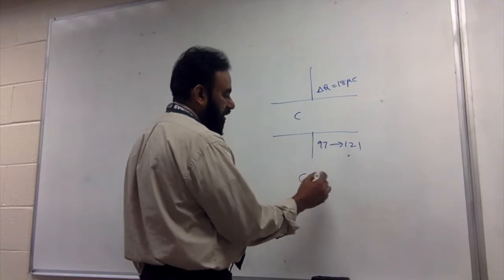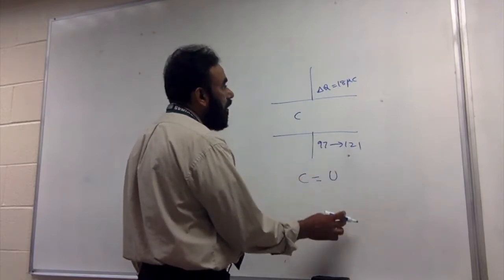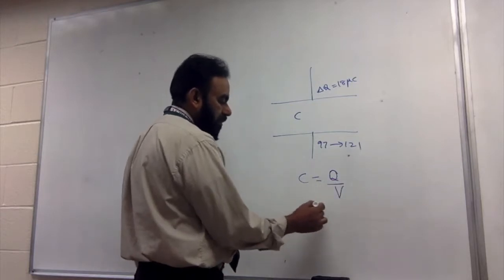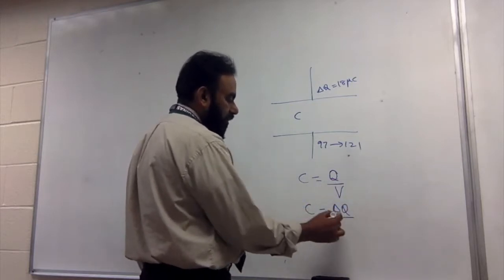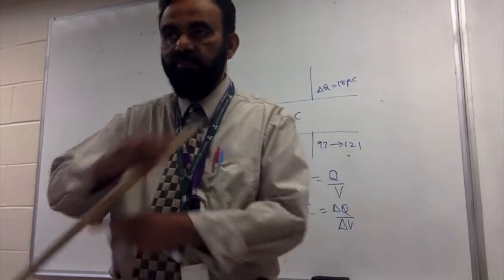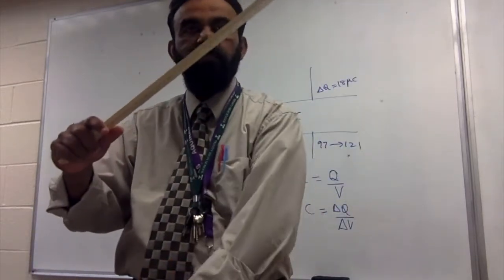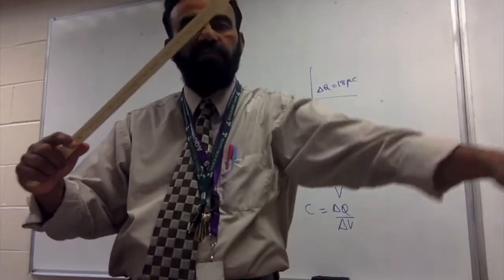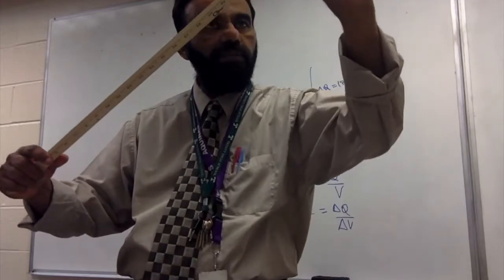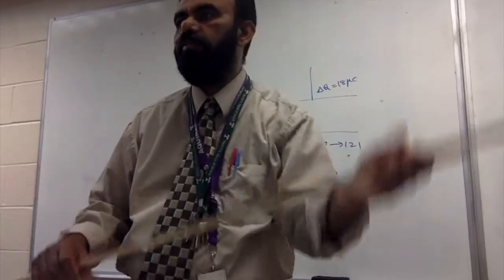If C is equal to Q over V, that means delta Q over delta V is also fine because it's a straight line between Q and V. So Q divided by V is capacitance, or delta Q over delta V is also capacitance.